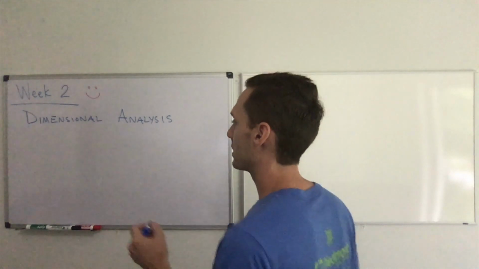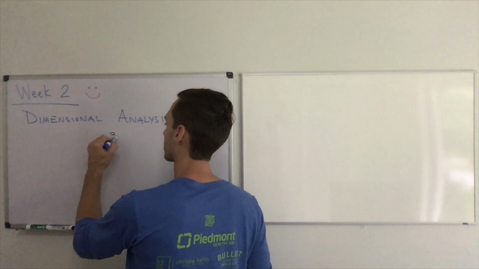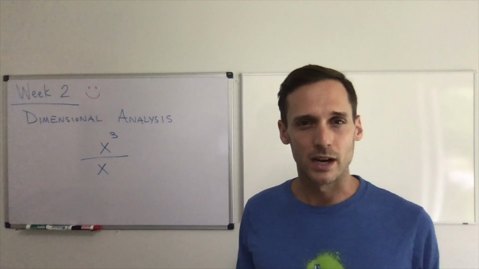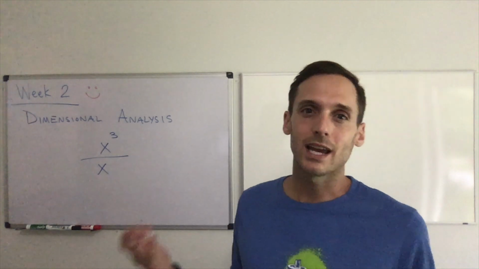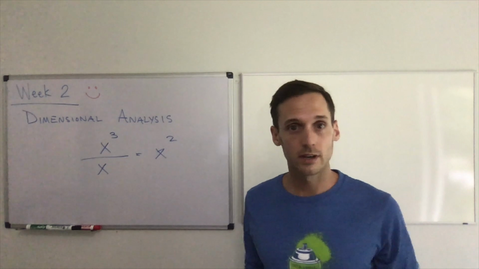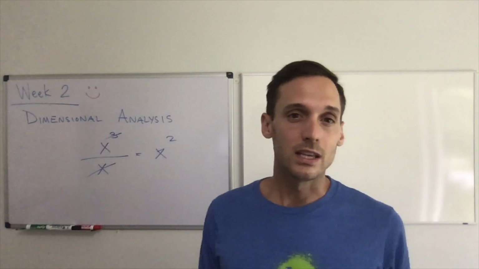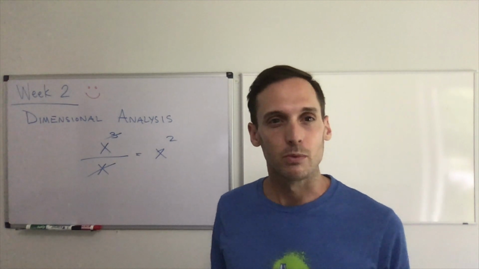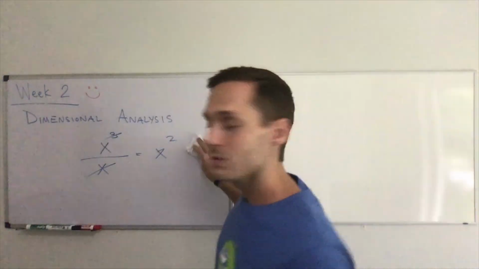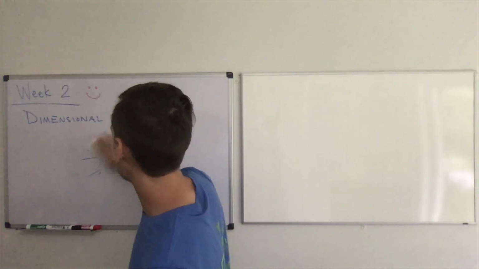So if I would do something easy, say you have x to the third up top over x on the bottom, you could easily say that would cancel to x squared, because one of these x's is going to cancel on the top with the x in the denominator, and so you end up with x squared at the end. So that stuff's easy, but we're going to use that exact same concept in dimensional analysis.